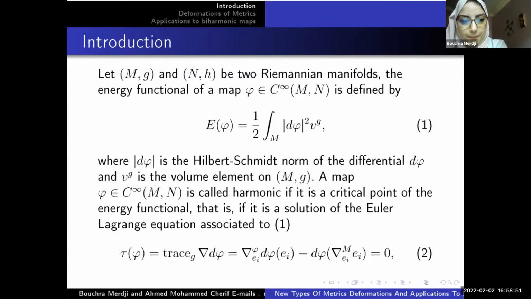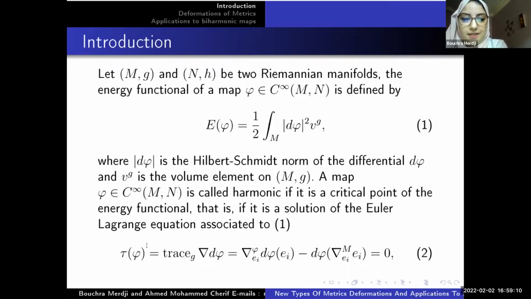A map is called harmonic if it is a critical point of the energy functional, that is, if it is a solution of the Euler-Lagrange equation associated to 1, which means that a map is harmonic if it satisfies equation number 2.